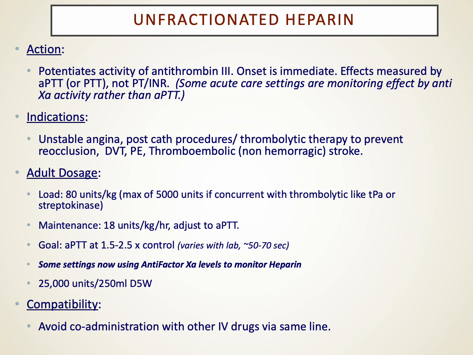Usually every 6 hours we'll measure the APTT and/or the anti-10A activity in the blood and titrate the heparin IV drip according to the result of that number. So we pay really close attention to that.